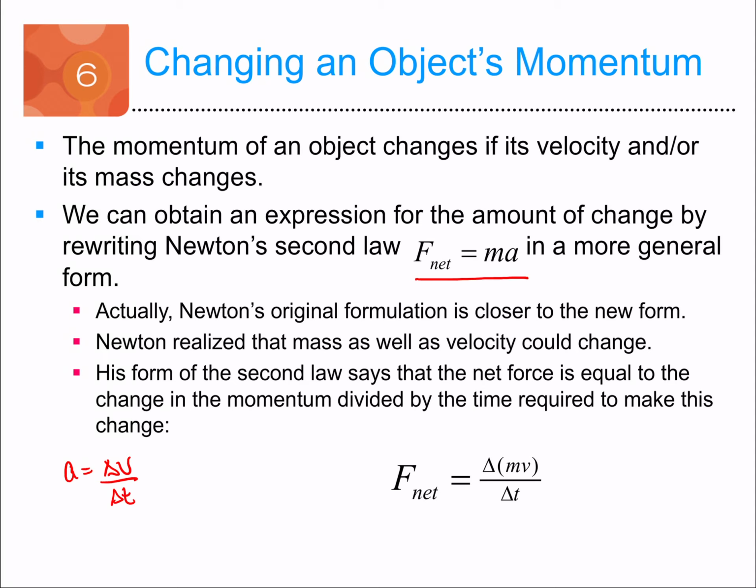So because we know mass and or velocity can change, we can rewrite Newton's second law onto this format. Basically the delta is the change, so we're saying it can change mass. We know that acceleration is the change in velocity, so our acceleration is represented here by delta v over delta t.